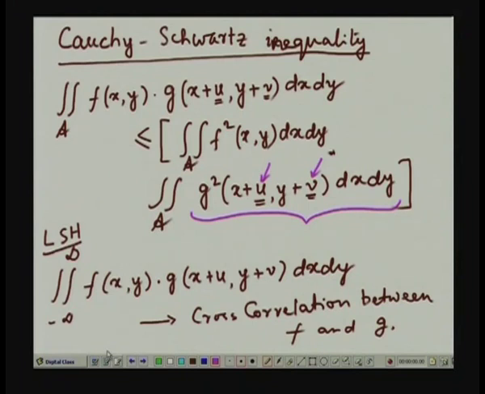So, what we have to go for is what is called a normalized cross correlation.